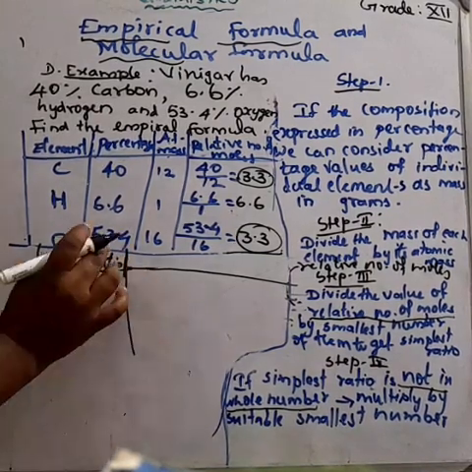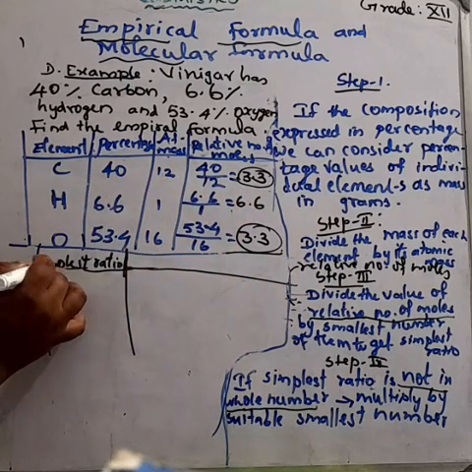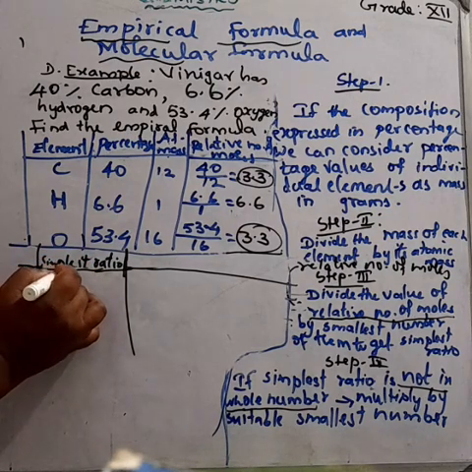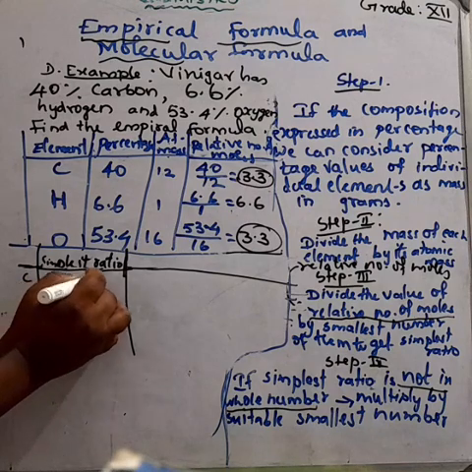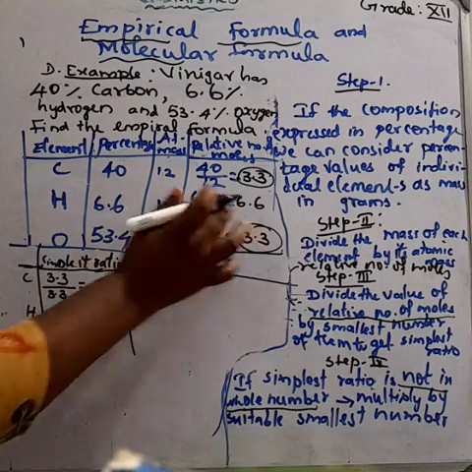So for carbon, the relative number of moles is 3.3, the small value. 3.3 by 3.3, we get 1. And 6.6 divided by 3.3, we get 2.